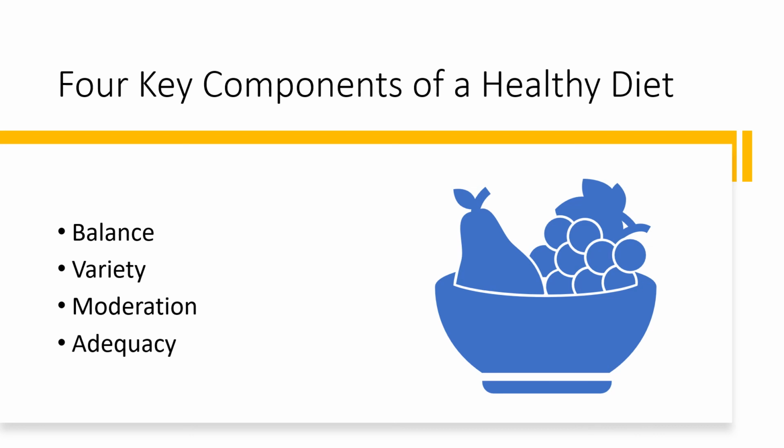These are not necessarily nationally recognized, but typically any nutrition professional is going to recognize these 4 components as being true in any healthy dietary pattern, no matter what specific foods a person is choosing to eat. If it's a healthy diet, these 4 components are going to be present. Okay, so that's it for this lecture. Thanks.